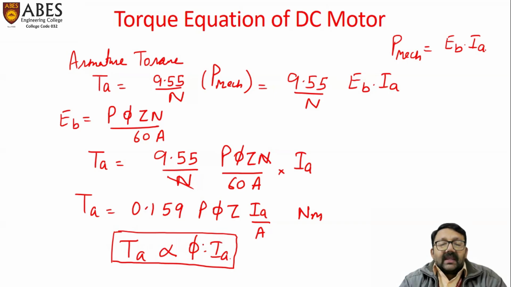If both these actions are applied simultaneously, then the two reversing actions, or we can say two negatives, make a positive, and there will be no change in the motor direction, or the torque will remain unchanged. So if we have to reverse the direction of rotation or direction of torque, then either we have to change the direction of field current or we have to change the direction of armature current. So this is the expression of motor torque.